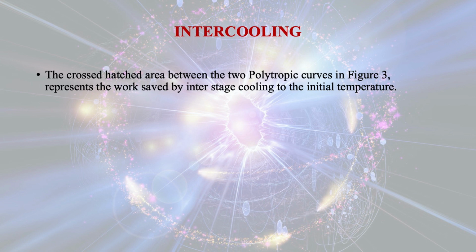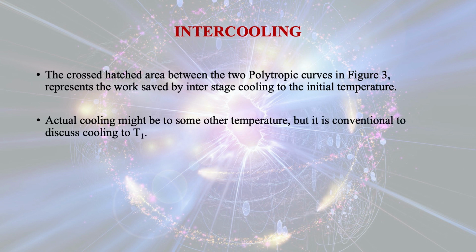The cross-hatched area between the two polytropic curves in figure 3 represents the work saved by interstage cooling to the initial temperature. Actual cooling might be to some other temperature, but it is conventional to discuss cooling to T1.